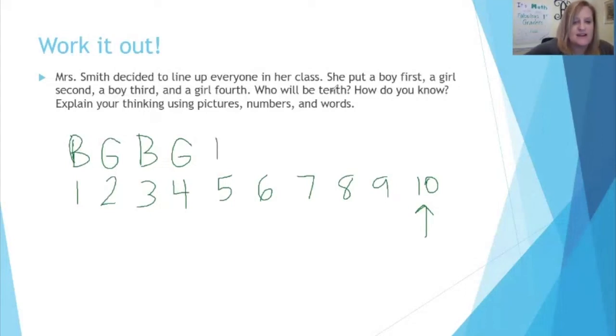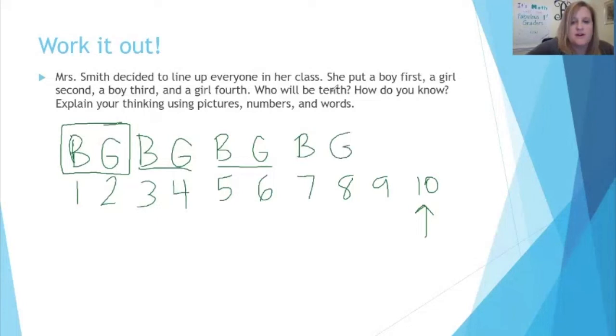Let's see how we did. So boy, girl, boy, girl. If you're having a hard time, you can decide what part of the pattern is the core. What part of the pattern repeats? It's boy, girl each time. Boy, girl, boy, girl, boy, girl.